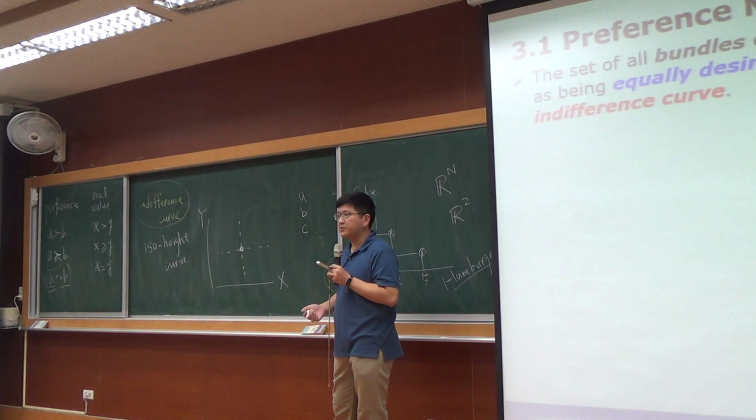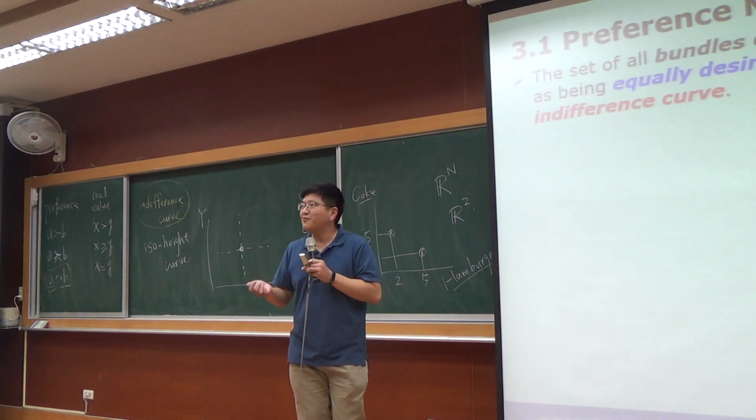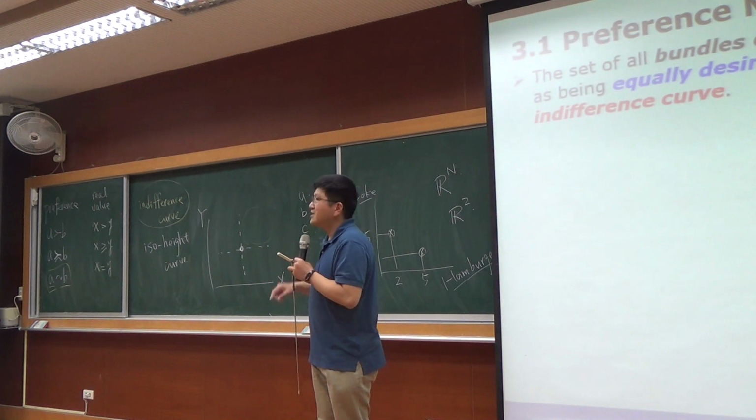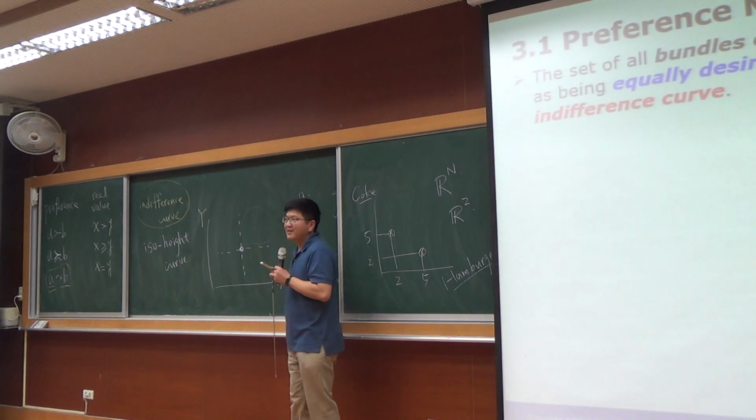The answer is no. And the reason is, I just gave you 3 properties of preferences. Completeness, transitivity, more is better. Which one may you apply to infer the result?